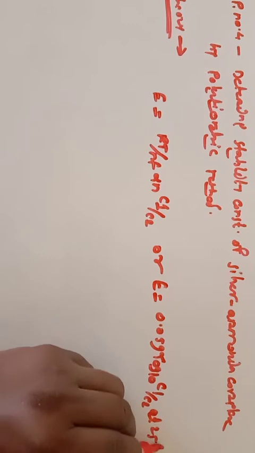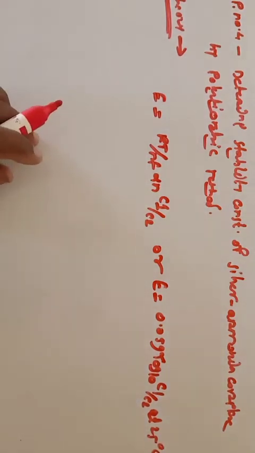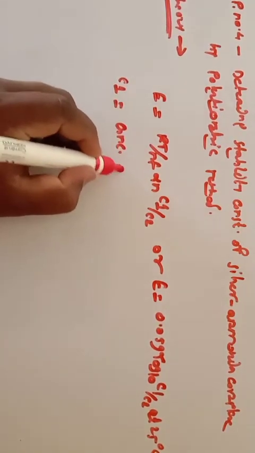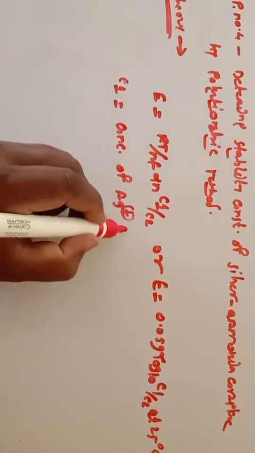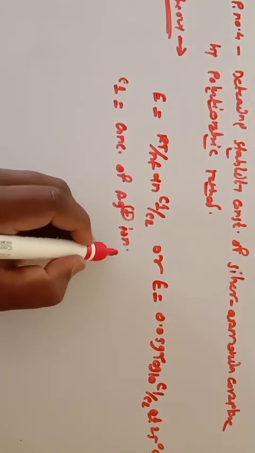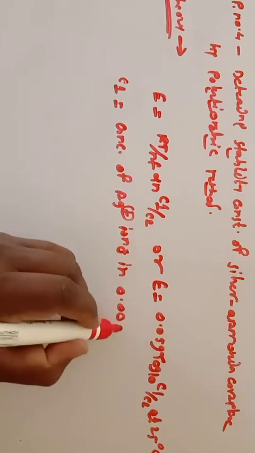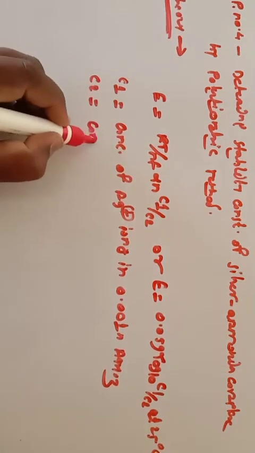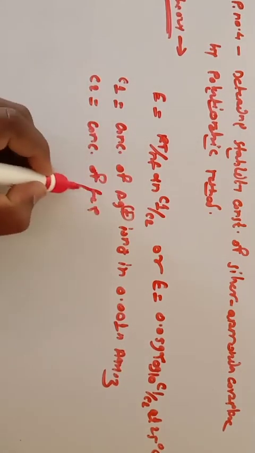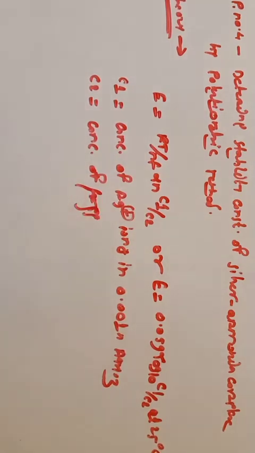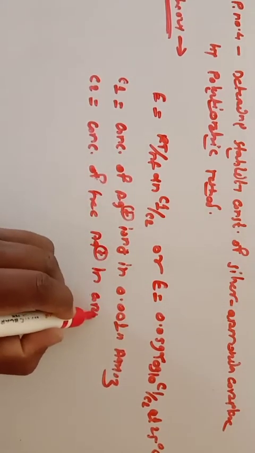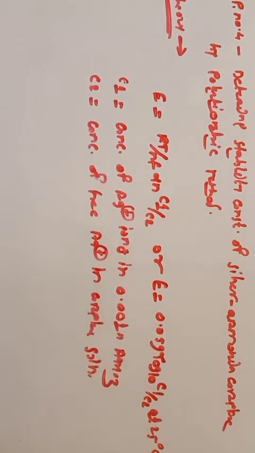at 25 degree Celsius, where C1 is the concentration of silver ions in 0.001 normal AgNO3 solution, and where C2 is the concentration of free silver ions in complex solution.